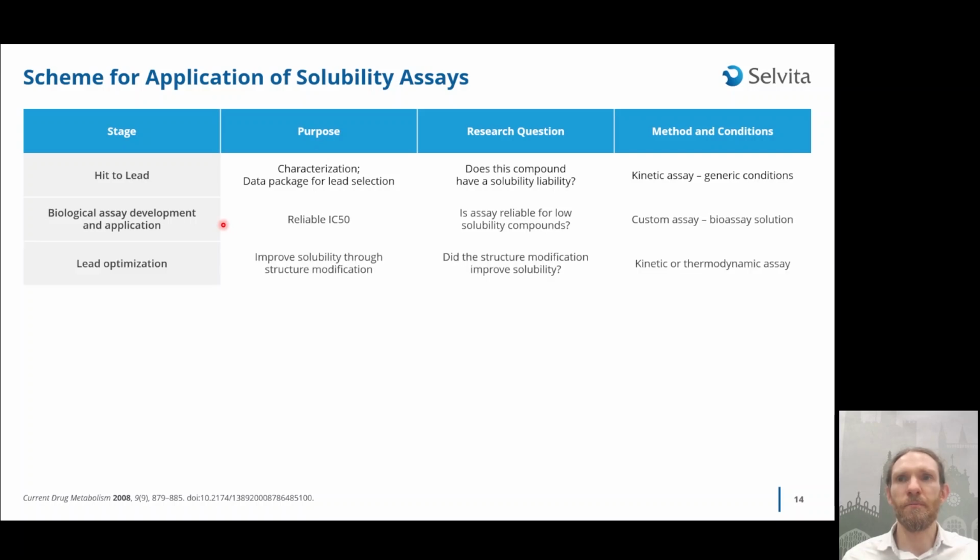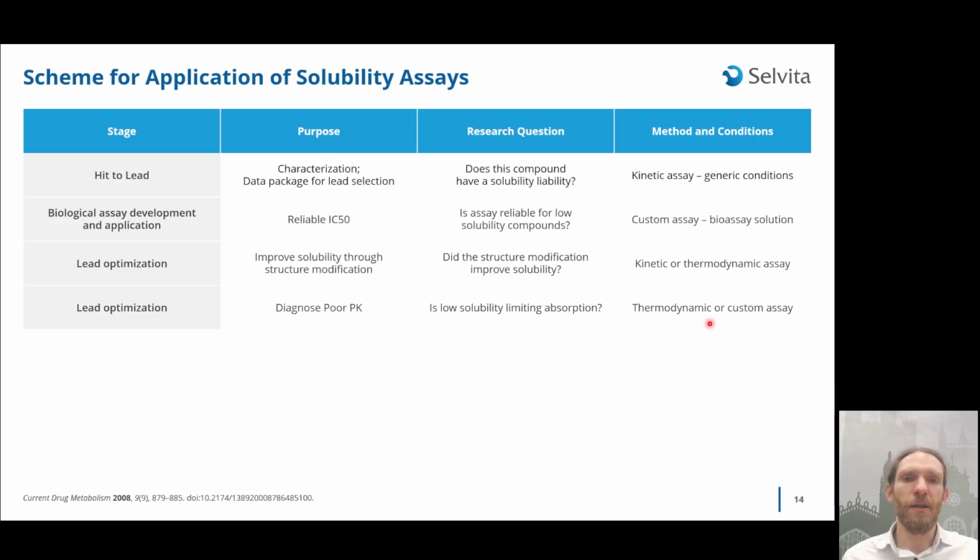In the lead optimization stage, when we are optimizing solubility, we want to answer the question whether the structural modification improves solubility. It's okay to have kinetic or thermodynamic solubility assay. But in the lead optimization stage, when we want to diagnose poor pharmacokinetics, which means poor absorption, for instance, and whether low solubility is limiting absorption, the best is to have thermodynamic or custom assay.